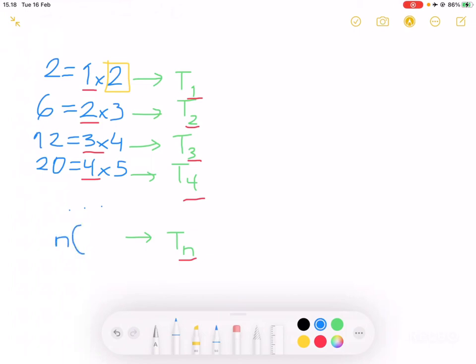And then the next number they were multiplying with must correspond to n plus 1, because it's a natural number above n. So I have n times n plus 1. And then with this you can just test things out. You can just substitute any n value you want to check if this formula holds true. So the answer for part A, Tn will be equal to n times n plus 1.